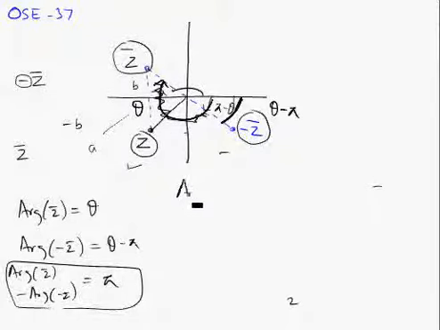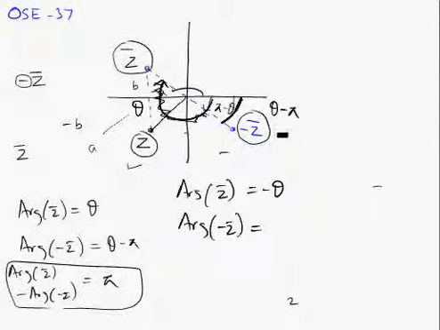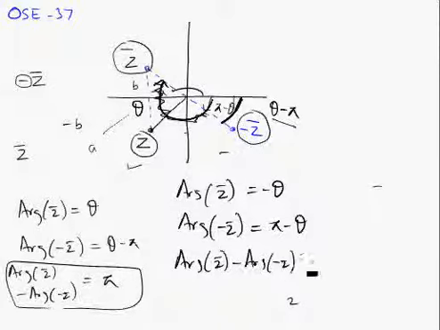Now the argument of z conjugate is minus theta because we measured this angle in the clockwise direction. The argument of minus z conjugate is minus of theta minus pi, again measured in the clockwise direction, so it is pi minus theta. Now take the difference. Argument of z conjugate minus argument of minus z conjugate is minus pi.